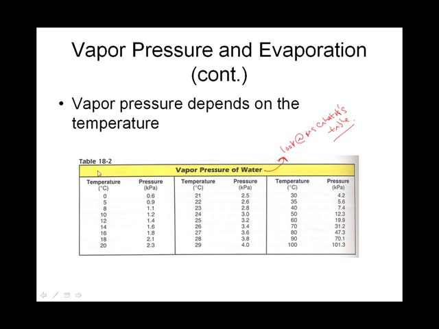Alright, so over here, this table shows us that at 0 degrees Celsius, there's enough fast-moving particles to escape and cause a pressure of 0.6 kilopascal. At room temperature of 27 degrees Celsius, there's enough gas particles to escape the liquid phase and give you a vapor pressure of 3.6 kPa.